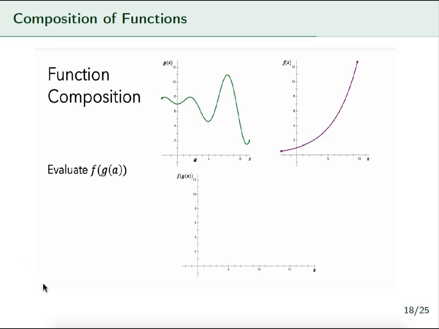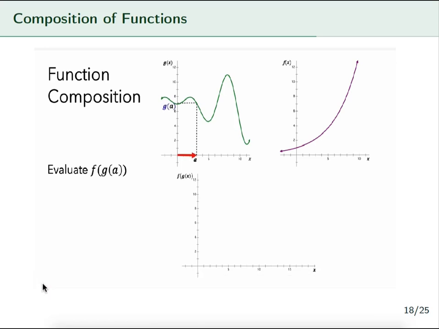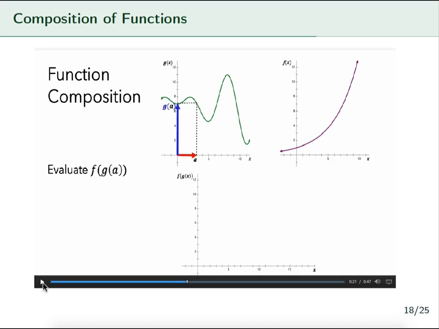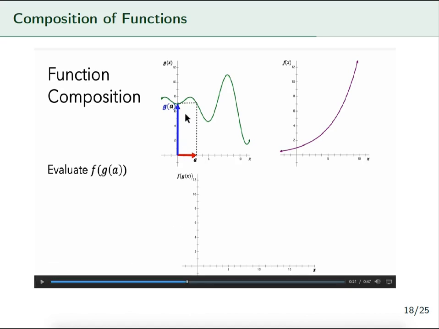So if I plug a there, this is the red arrow. g of a gives an output. And this value of g of a is used as an input into the function f. So this blue segment, this quantity will be used as an input to function f.